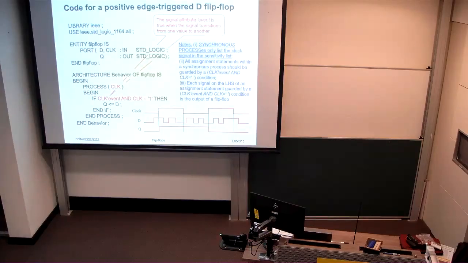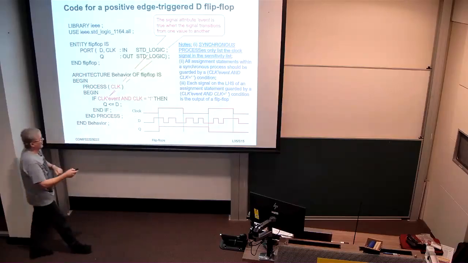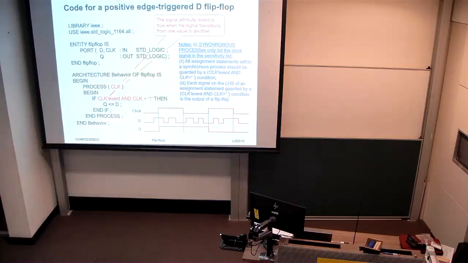Okay, so I mentioned that any process that's synchronized with the clock is a so-called synchronous process, as opposed to a combinational process. Combinational being this direct input-output relationship, change in the inputs, change in the outputs. So a synchronous process only lists the clock in the sensitivity list. That's one thing you've got to remember.